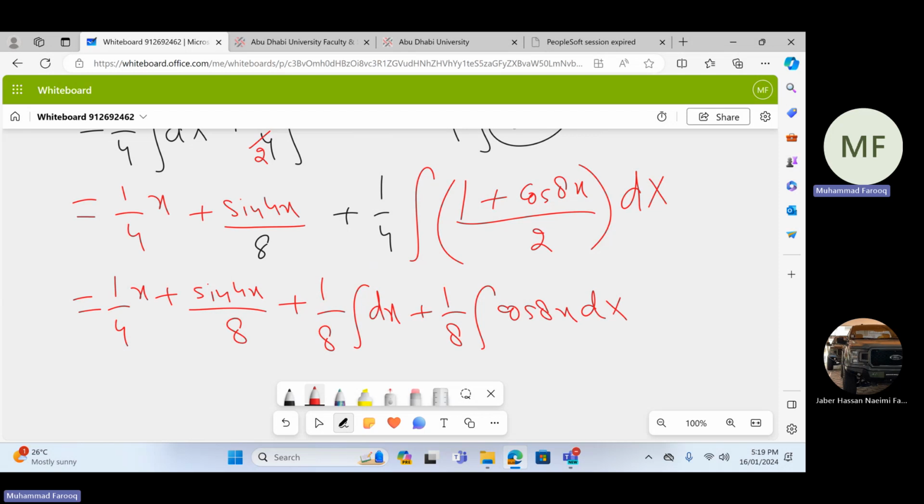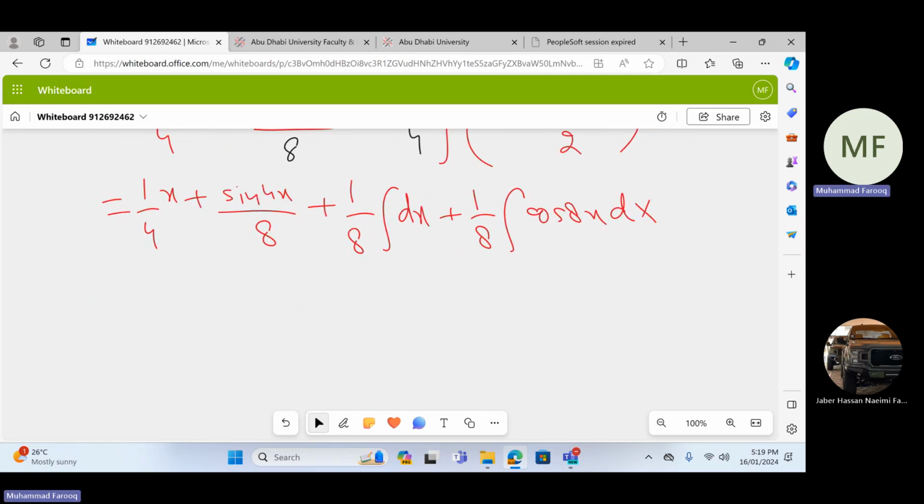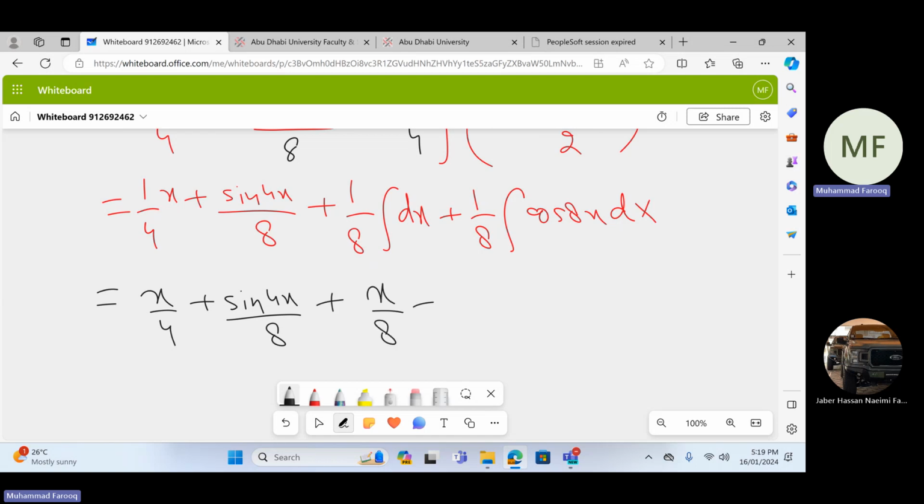I just distributed this. Now, x by 4 plus sine 4x over 8 plus, how much for dx? x by 8. Plus 1 by 8. Give me the integration of cosine 8x. Sine 8x over 8 and plus c.